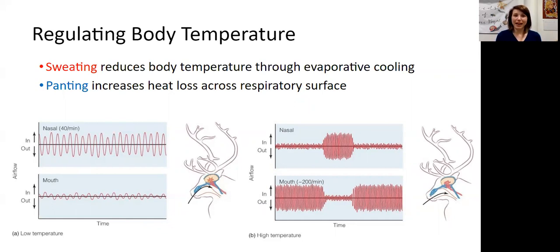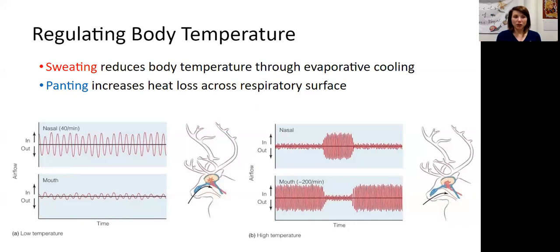Some animals rely on panting instead. And there's a lot of heat loss that can happen through that kind of an exchange. When we're looking at mucous membranes, that's a lot of vasculature that is really close to the surface. So these two graphs below are showing a reindeer and their breathing rate in low temperature first. And you can see that they're breathing at a pretty regular rate there. But in a high temperature, suddenly they start panting.